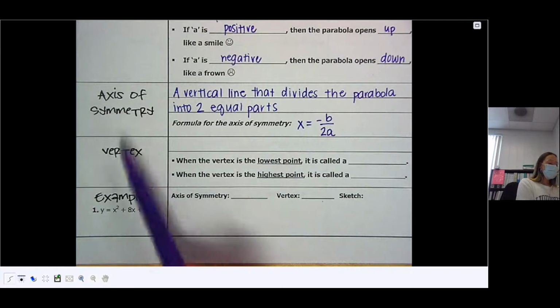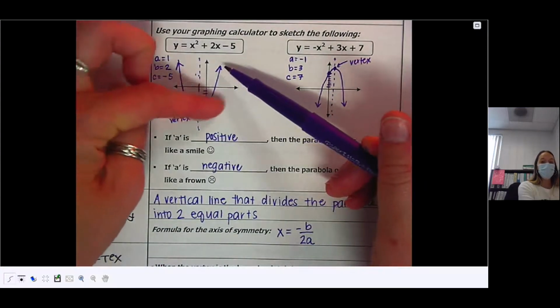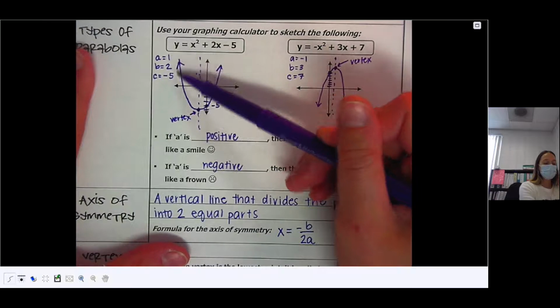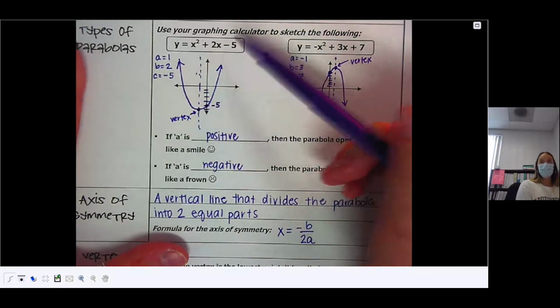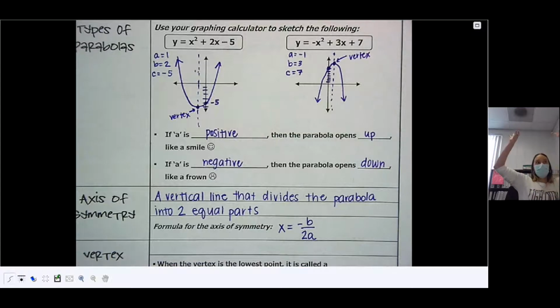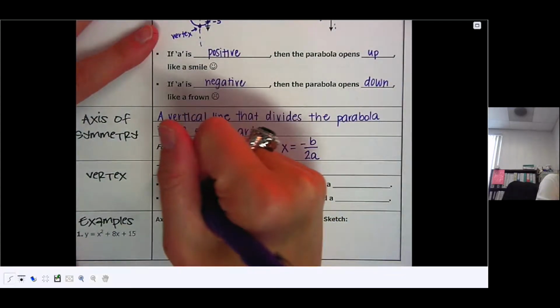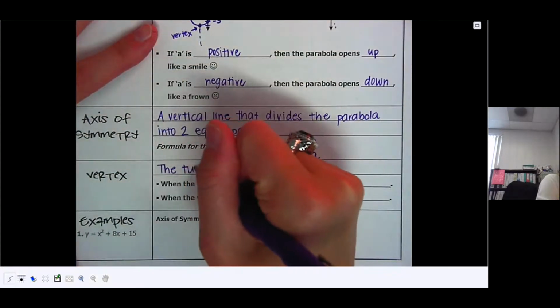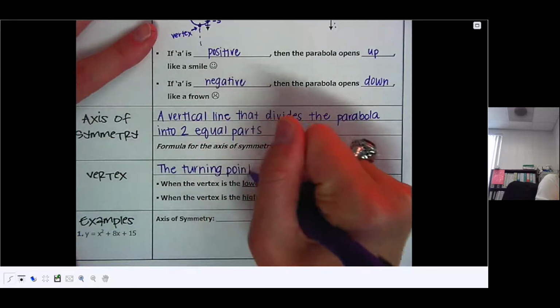The last point is this vertex right here. So the vertex is the point where your graph essentially changes orientation. So this is going down, and then at the vertex, now it changes and it's going up. So it's the point that changes which way your graph goes. So the vertex is the turning point of the parabola.